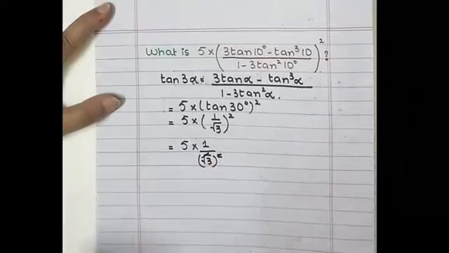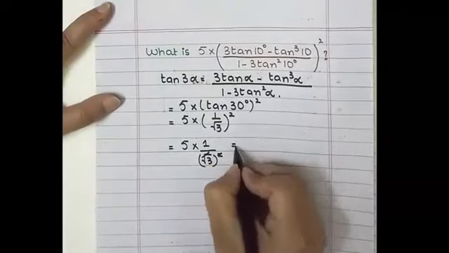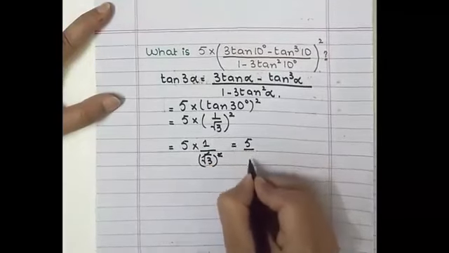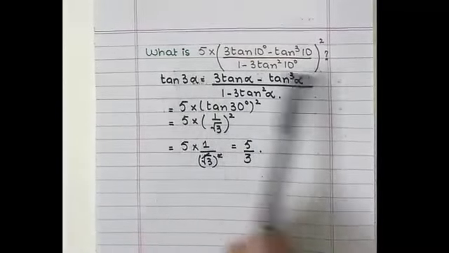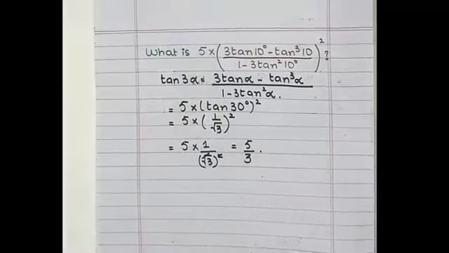The square will be cancelled out with the under root and we have the value 5 over 3. So the answer for this expression is 5 over 3.